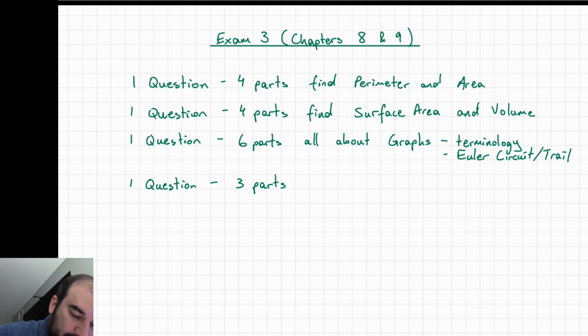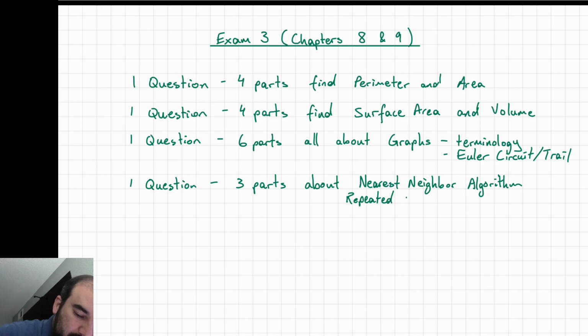So we'll call this the 3 parts about the nearest neighbor algorithm, the repeated nearest neighbor algorithm, and the cheapest edge algorithm.